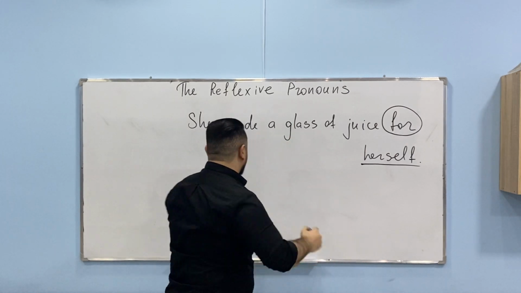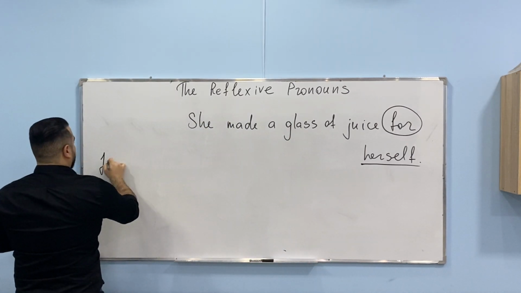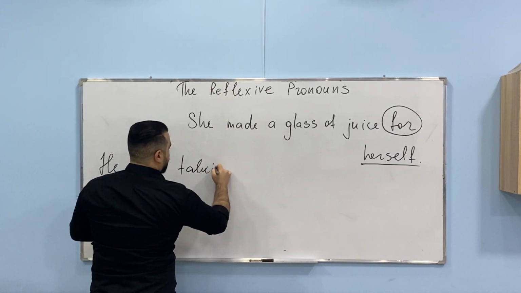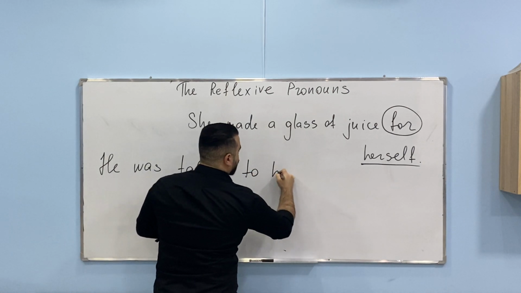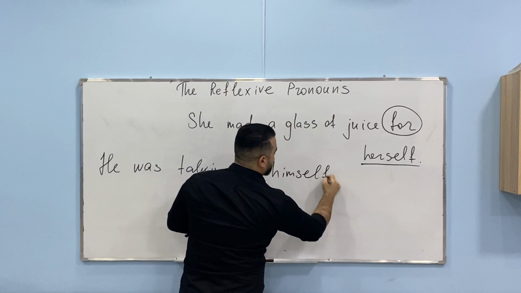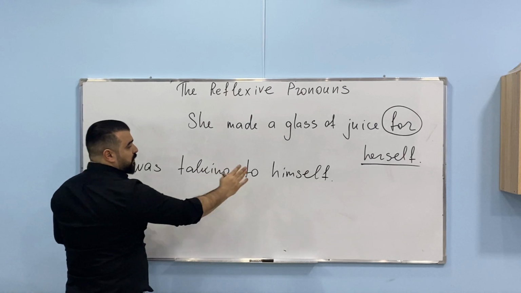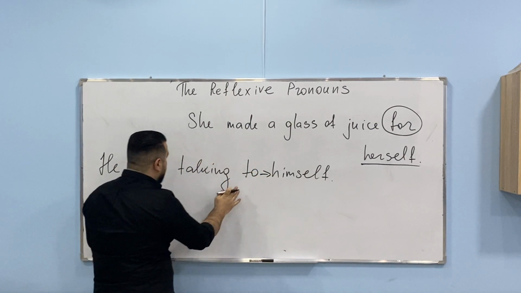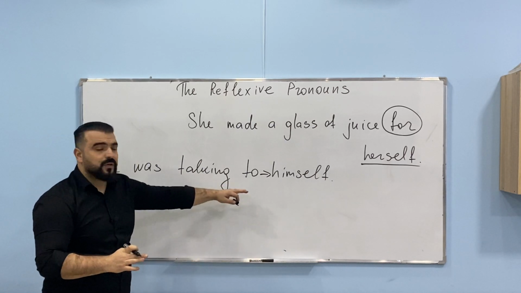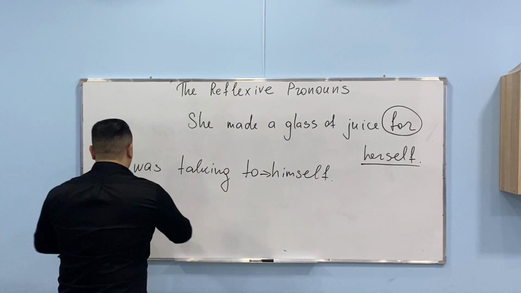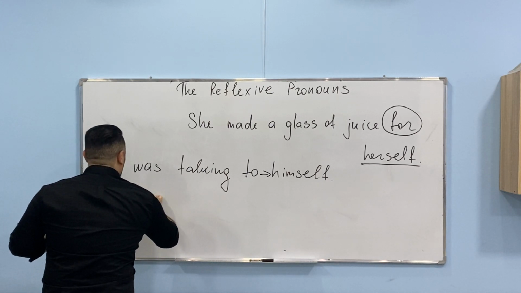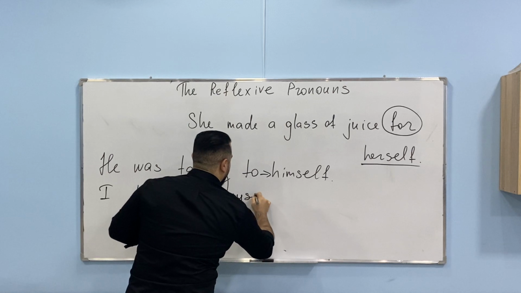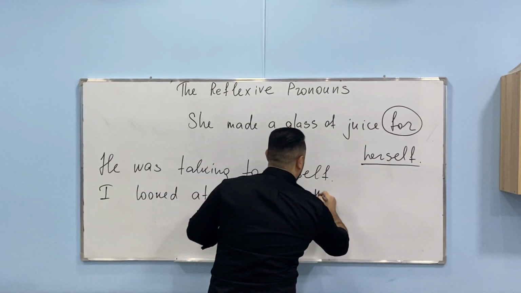Another example, he was talking to himself. Here also the reflexive pronoun comes after the preposition to. He was talking to himself. Another, I looked at myself in the mirror.